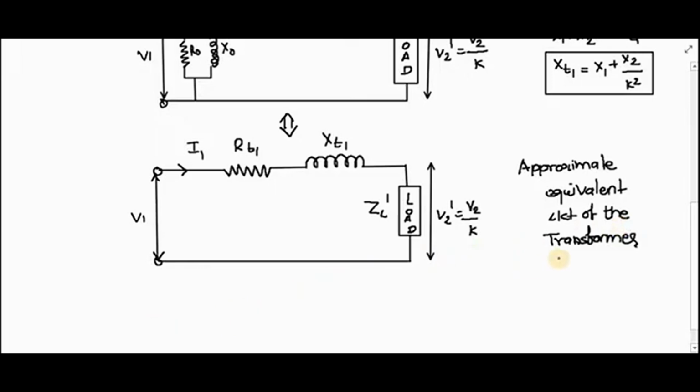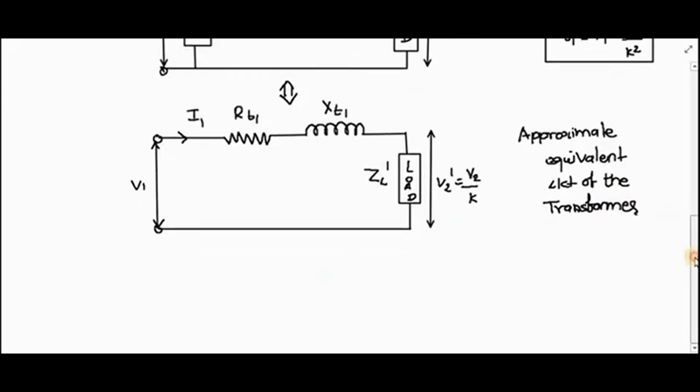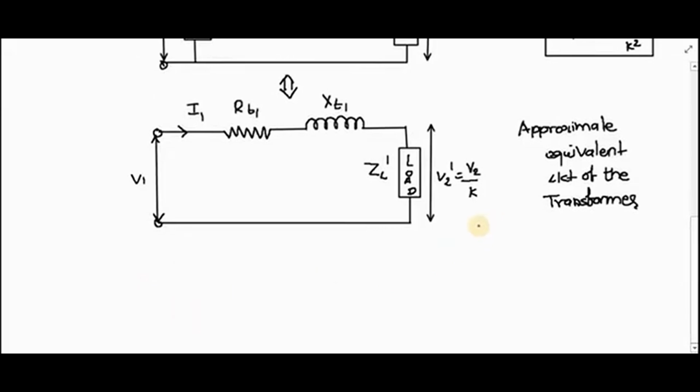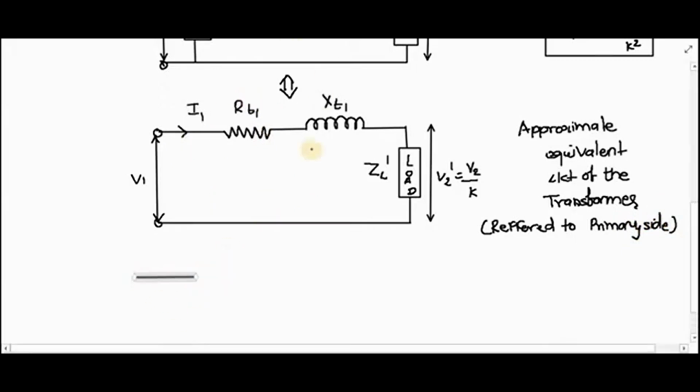So this circuit that I have taught you previously is referred to the primary side. Now I will draw the approximate equivalent circuit of the transformer referred to the secondary side, means I am transferring all the primary quantities on the secondary side.